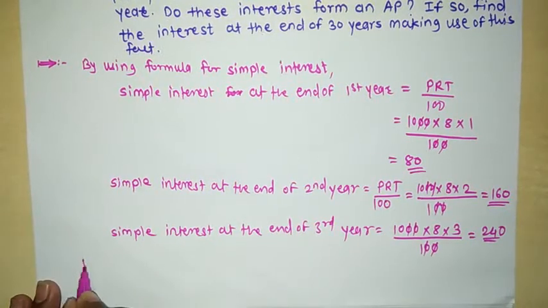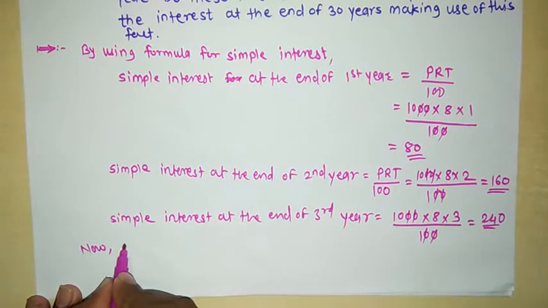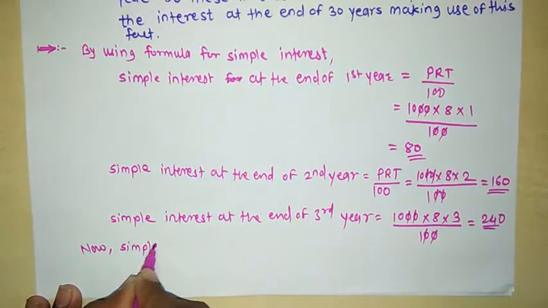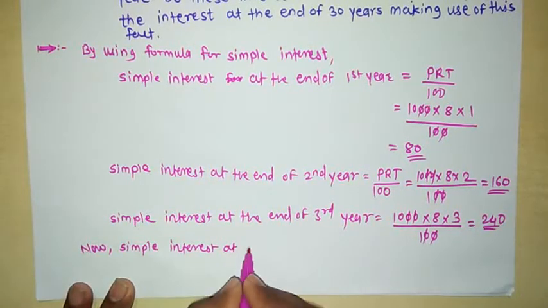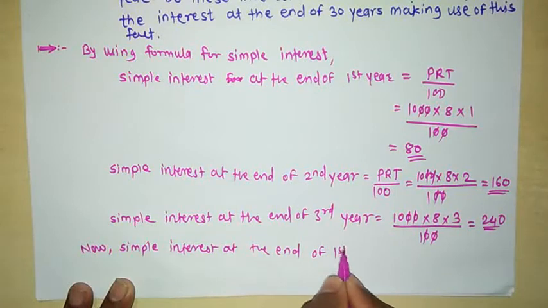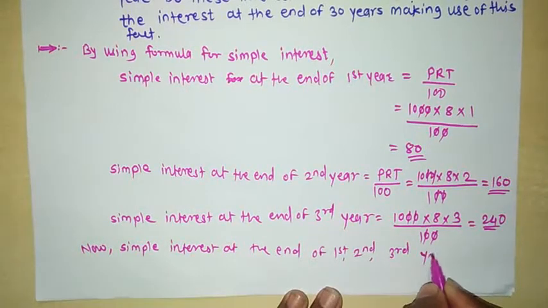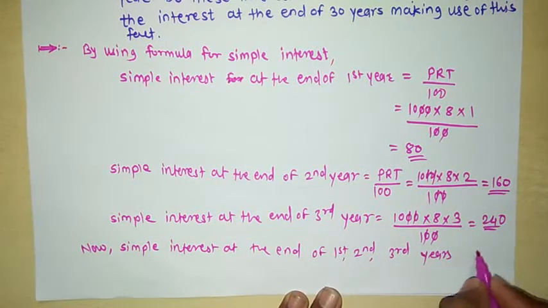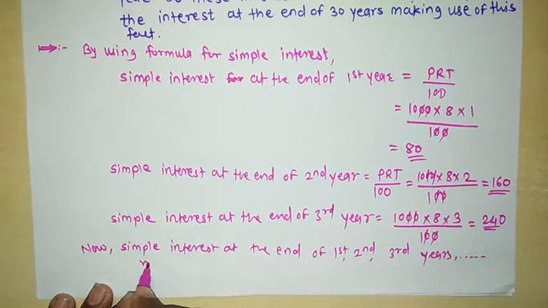Now we can write simple interest at the end of first, second, third years, up to a lot of years, respectively.